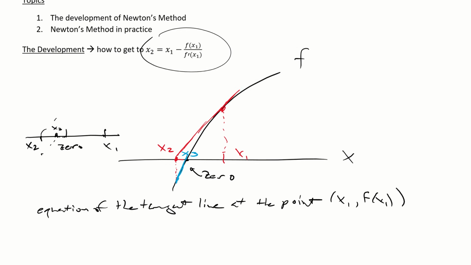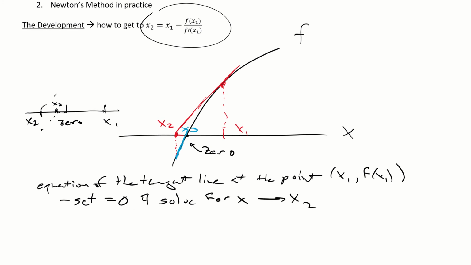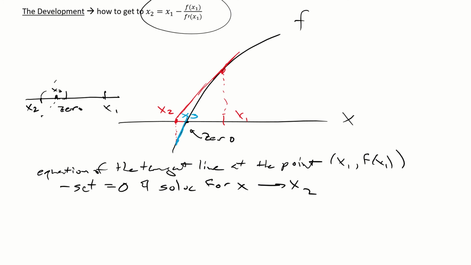We're going to set it equal to 0 and solve for x, and that's going to be our next guy, x2. When you develop it, the equation looks something like this: y minus f of x1, that's y minus y1, is equal to the slope, f prime of x1, times x minus x1.